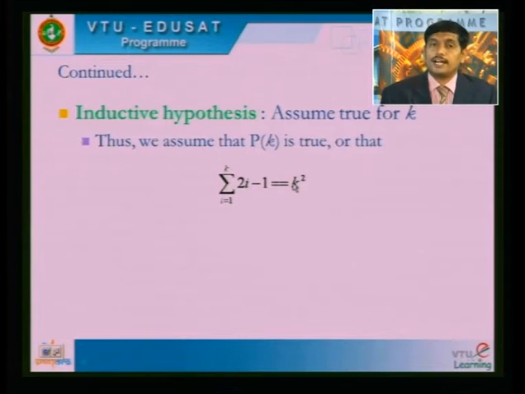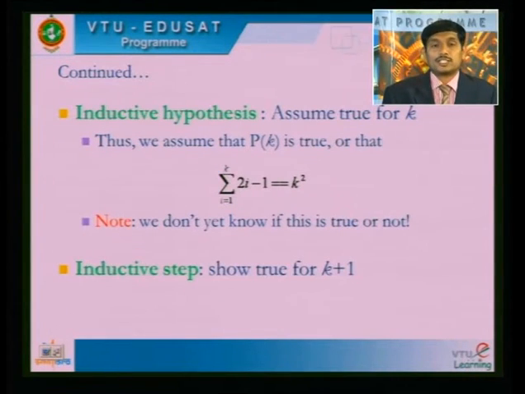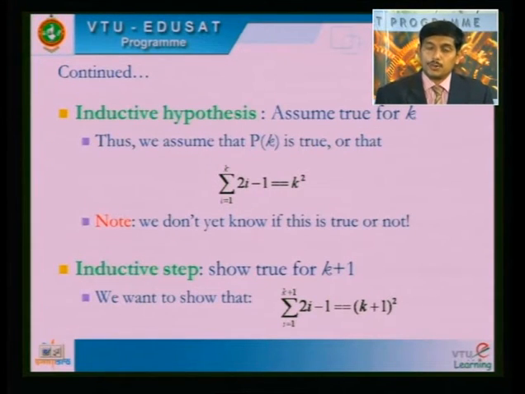We want to prove that P of k plus 1 is also true. Note that we do not yet know if this is true or not. You must remember, in the induction step we show that it is true for k plus 1.